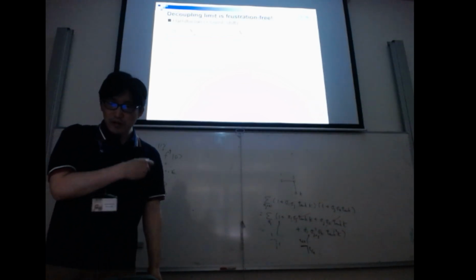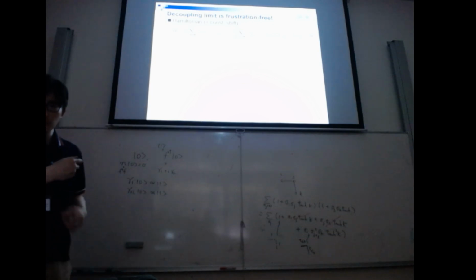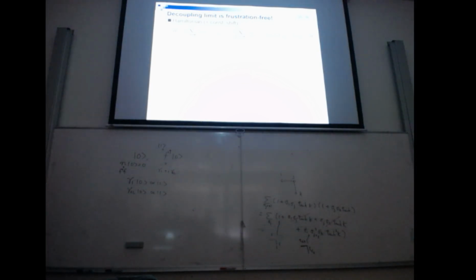Now, let me first discuss the decoupling limit of the Kitaev chain. In the original model, you have a W and a mu term, but here I only take the W term. You can factorize this local term this way. This is the product of these two guys. Let me denote this guy by A_j dagger, and this guy is A_j.